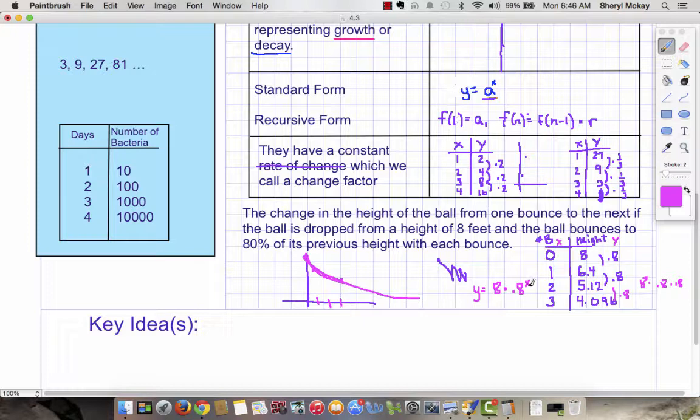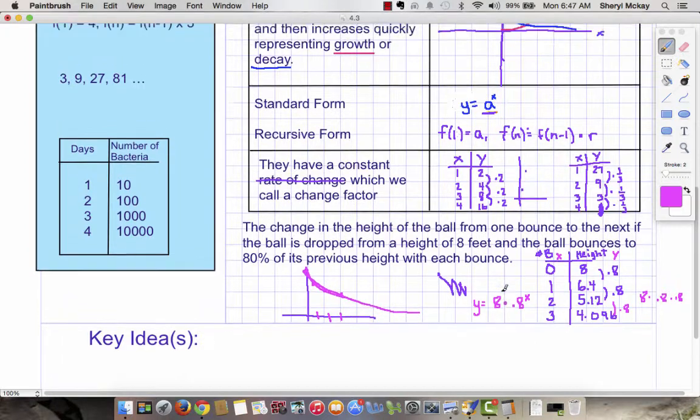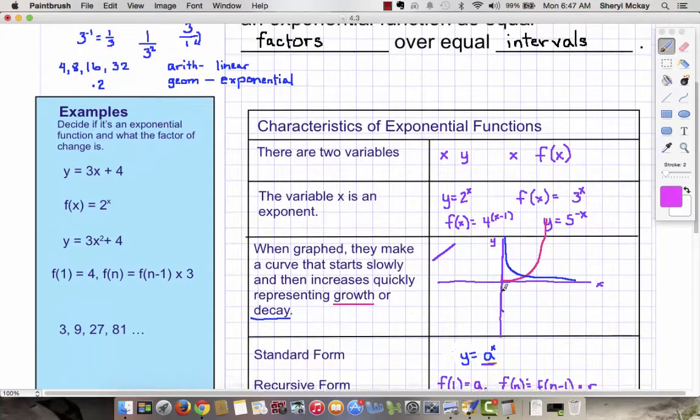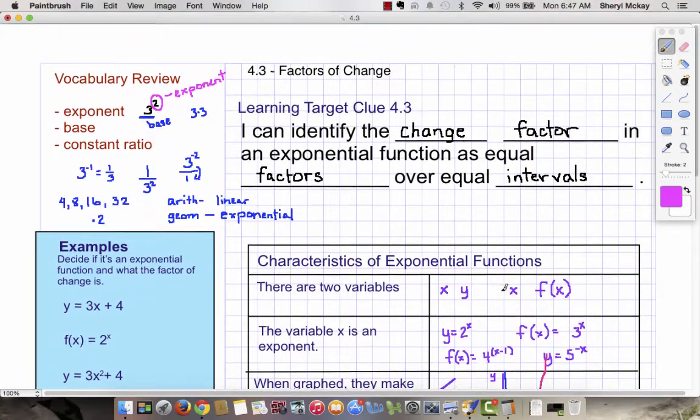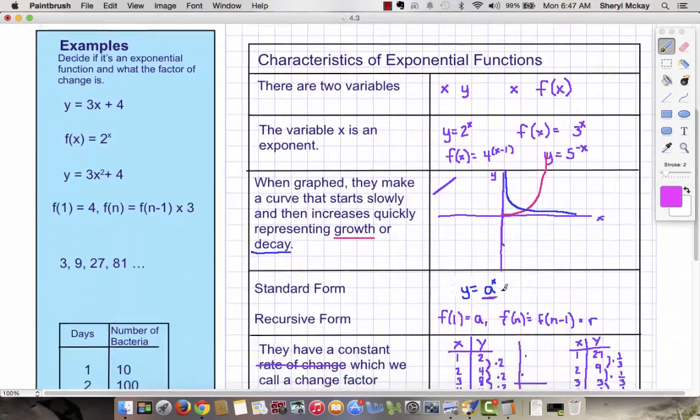So my 0.8 is my change factor, and the exponent is the number of times I multiply it by itself. And the 8 is just where I started, okay? So that's just a quick little explanation of exponential functions.